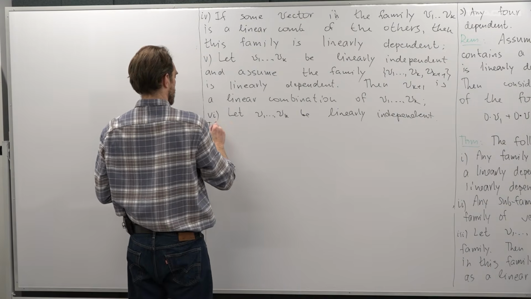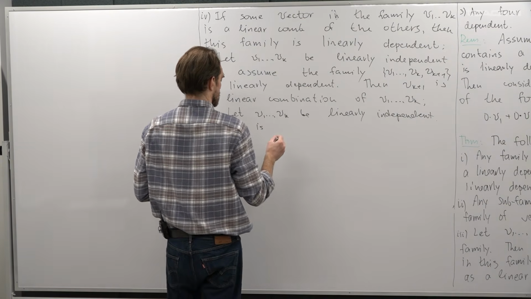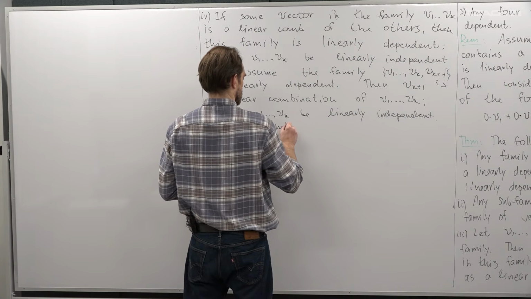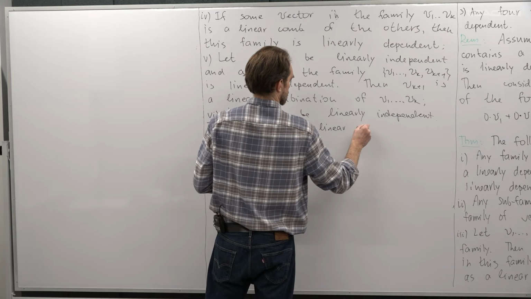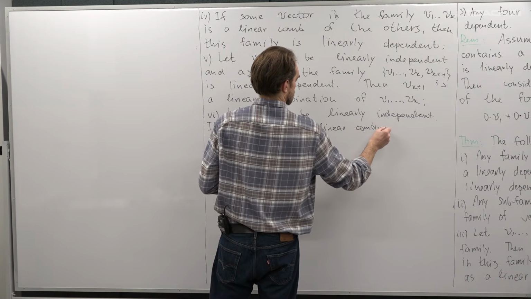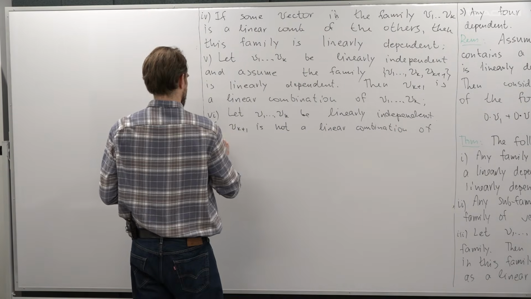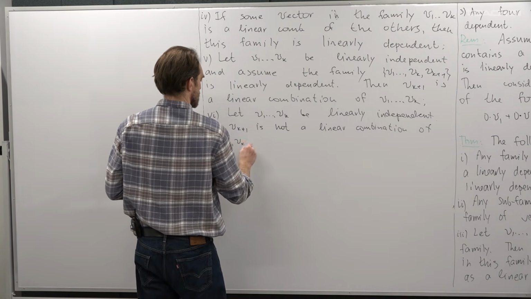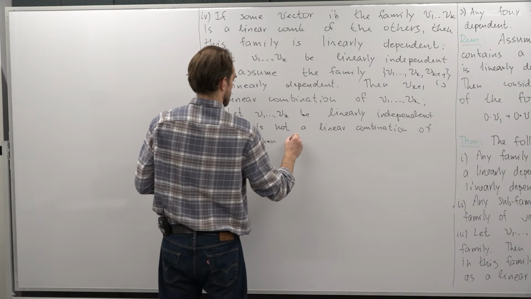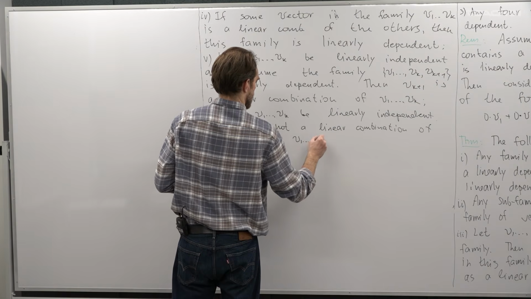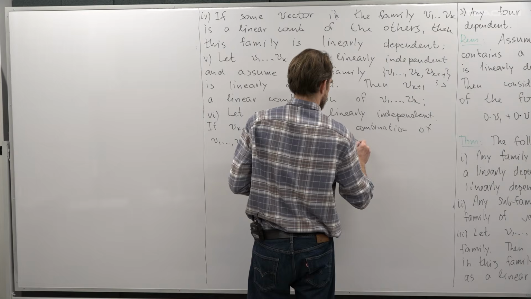If vector vk plus 1 is not a linear combination of v1, etc., vk, then v1, etc., vk, and vk plus 1 is linearly independent.